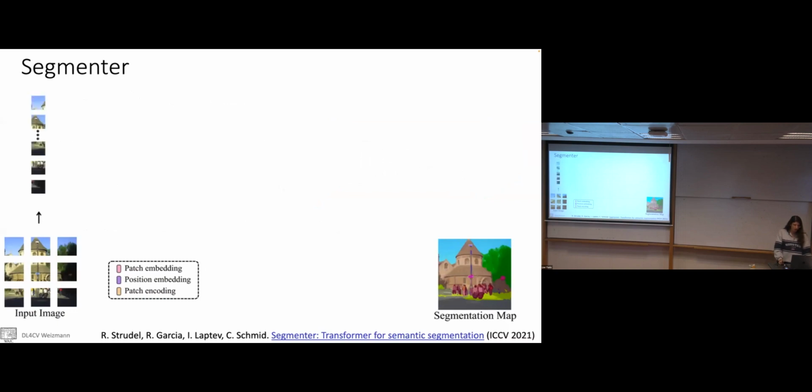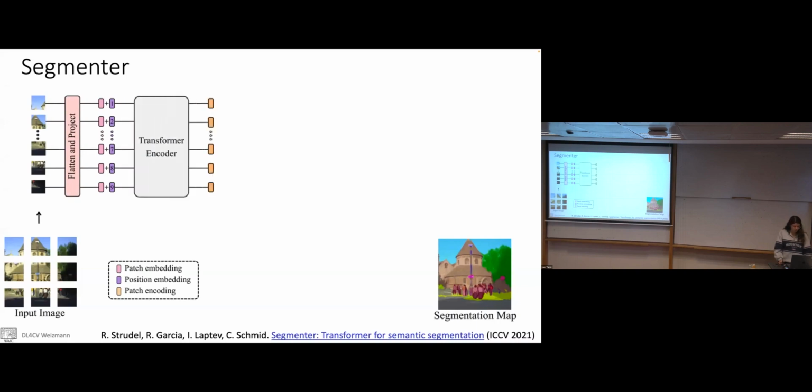So again, we define our tokens as the different patches of the image, and we flatten and project them using an MLP, and also add positional embedding to them. After that, as we saw before, we use a transformer encoder to get meaningful information and a more global understanding, same as what we saw in the DETR work.